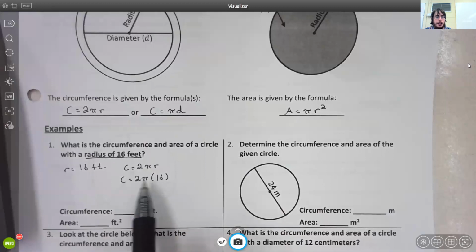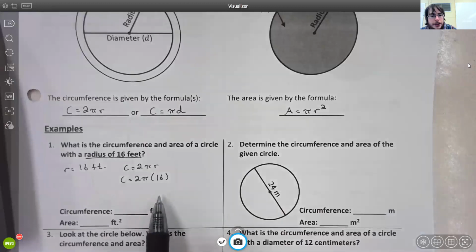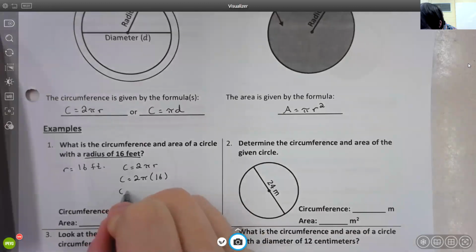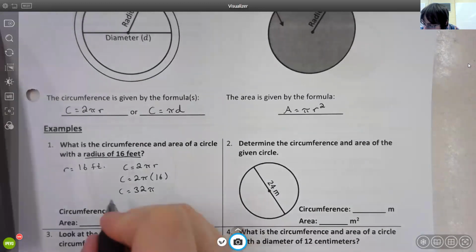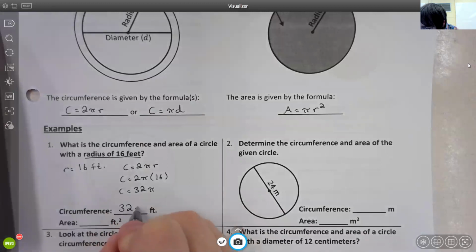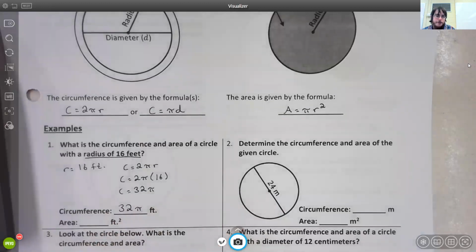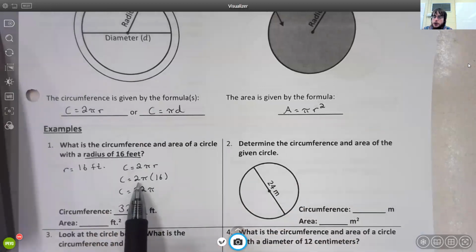We have 2 times 16, which gives us 32, and then the pi drops down. So our exact circumference is equal to 32 pi feet. If it wants an exact answer, your answer needs to have a pi in it. So all you would do is multiply your numbers and leave the pi alone and drop it down.